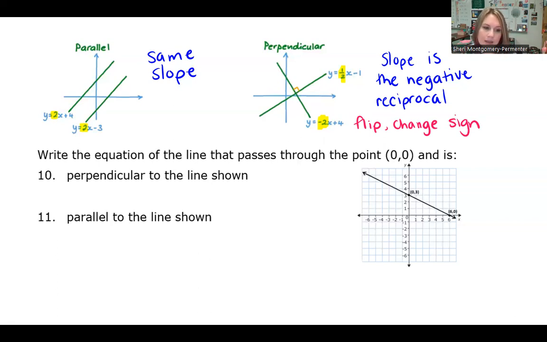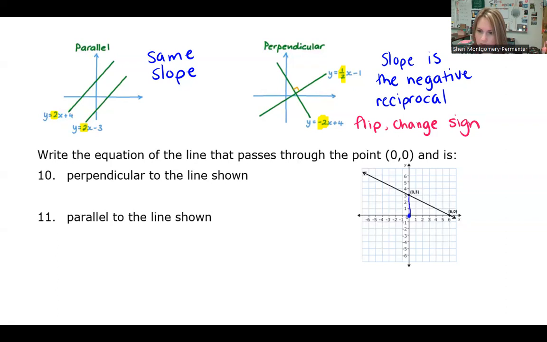So for question 10 and 11, it says, write the equation of a line that passes through the point 0, 0 and is perpendicular to the line shown or parallel to the line shown. So I'm going to draw both of those. If we go through 0, 0, that means we have to go through here. But we have to first figure out what the actual slope is for the line that we see.